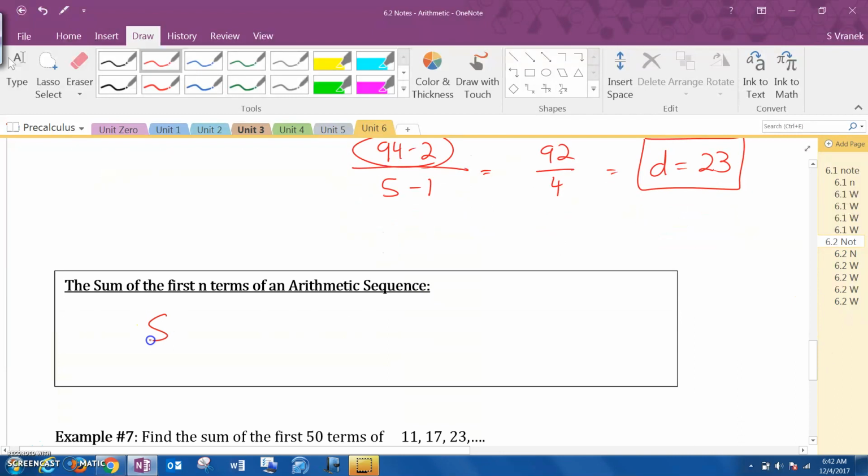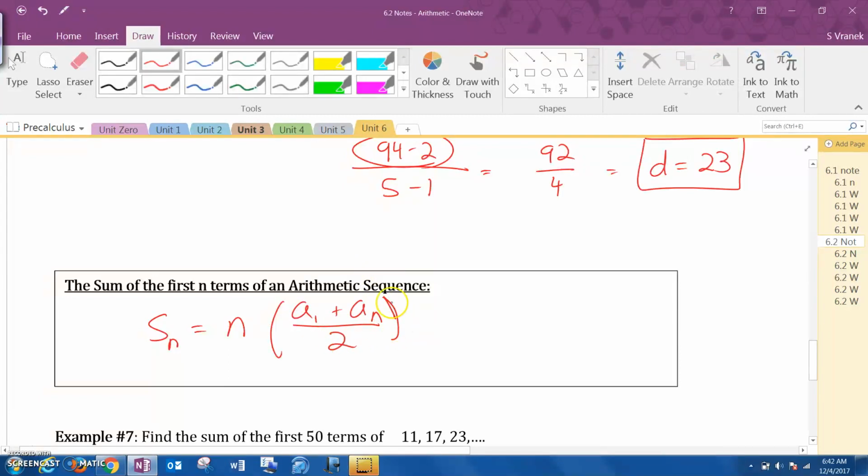To do that, the sum of the first n terms is how many terms you have times the average of the first and the last term, a sub n, all over 2. Oh, that's not right, that should be an n. A sub n. I was thinking ahead.